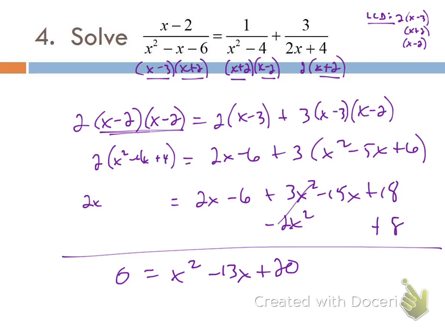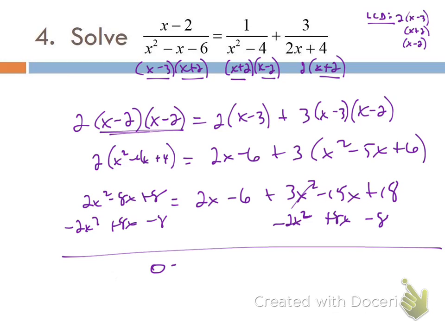So distribute: 2x squared minus 8x plus 8. Now we want to subtract the 2x squared, add the 8x, and subtract the 8.